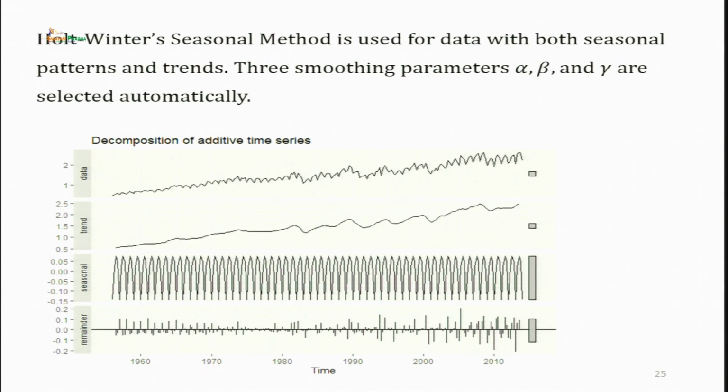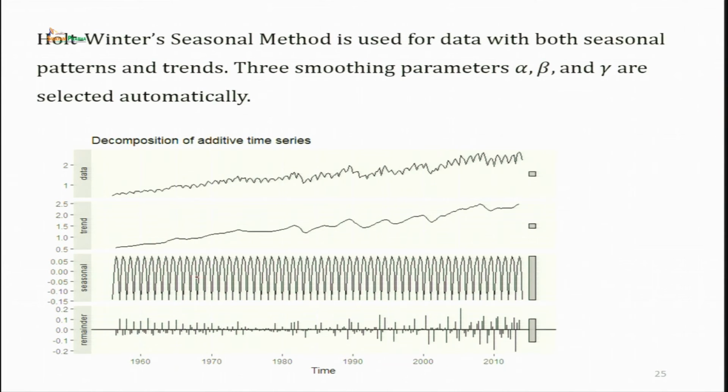Now, before going for the Holt-Winters seasonal method, first I have tried to check whether the time series actually has seasonality or not. So, using the R software, I have decomposed the time series into 4 components. So, this is the actual data set. Then these are the trend values, almost linear.